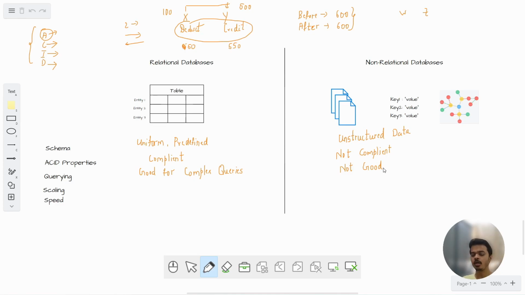So if there is a server A and there is a server B, and let's say our student table got very huge and we had to split it across two different database servers, right?